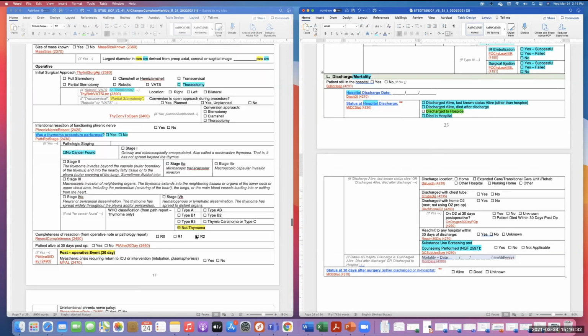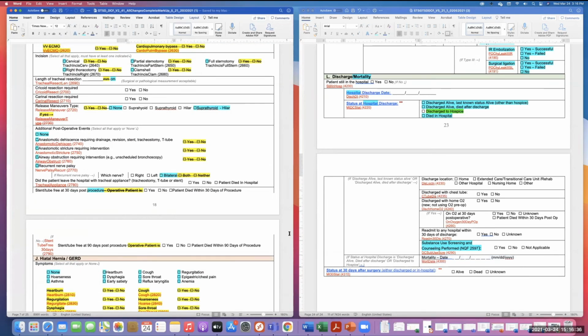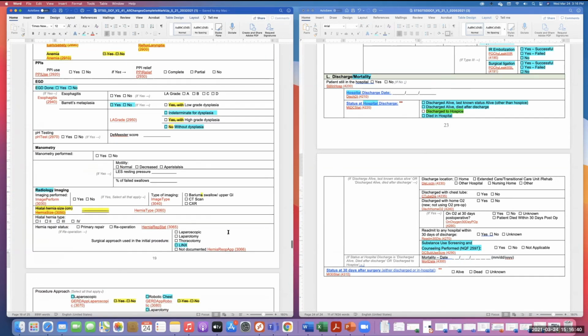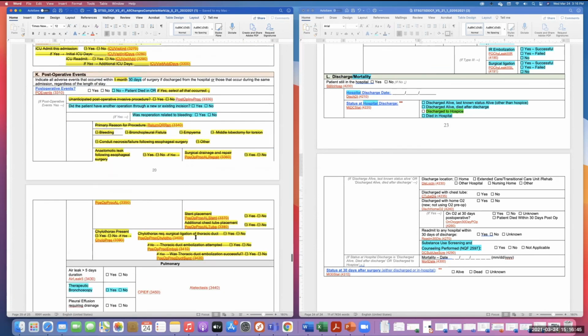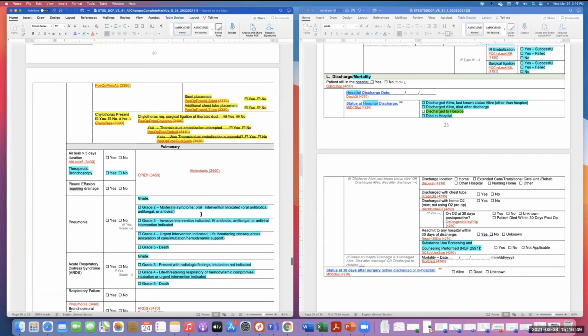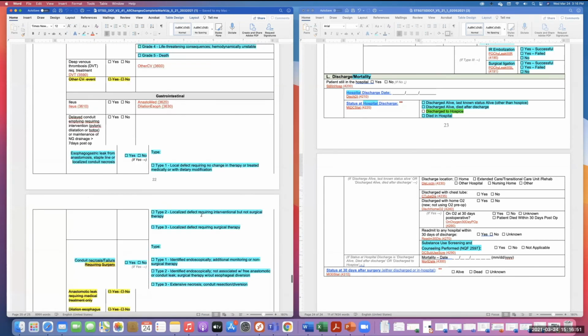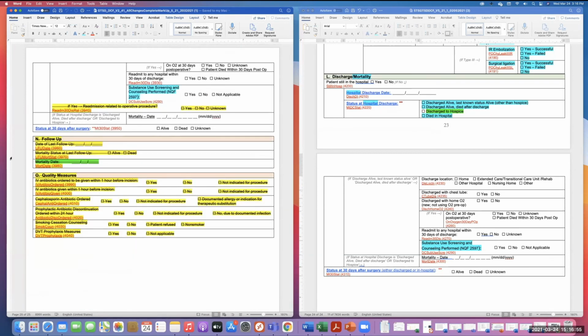We did remove the other fields too, right? The 5-year follow-up fields. Yes. So that's kind of exciting. What else did we do here? I think the disposition and the NQ and the quality measures were the big things that we removed. Yeah, the follow-up with quality.